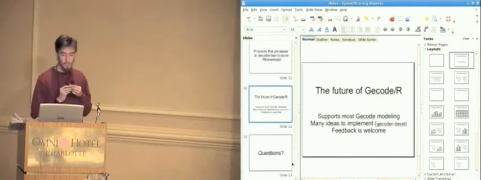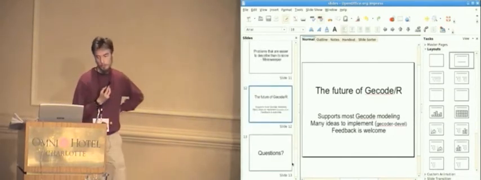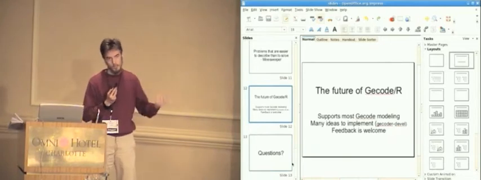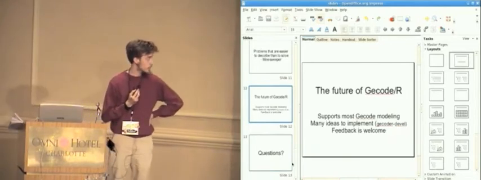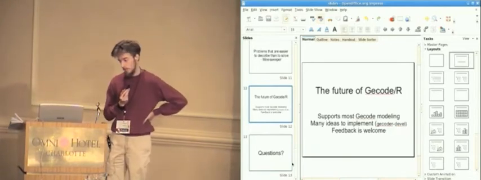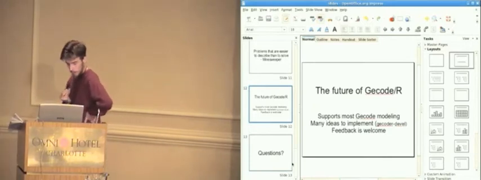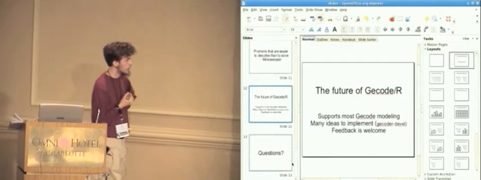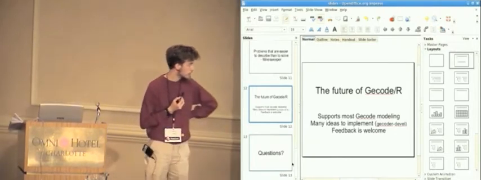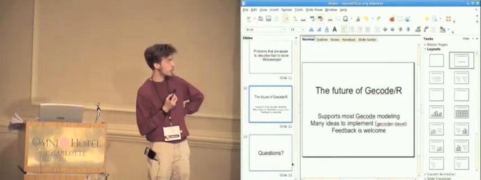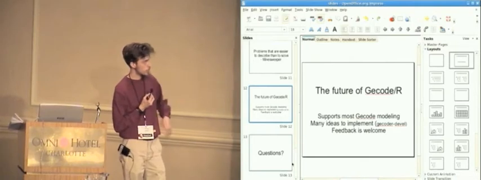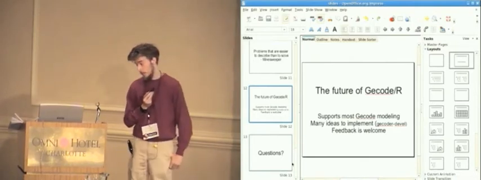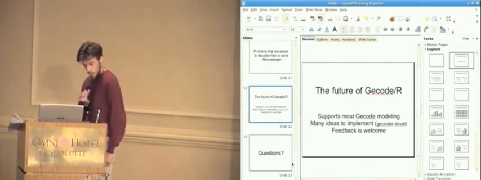So at the moment, Gecode/R supports most of those things in Gecode that are related to modeling, so it's rather complete in that sense. But there are still many ideas left to implement. There's lots in the development mailing list. This project, by the way, is posted on RubyForge, where you can see the mailing lists and so on.